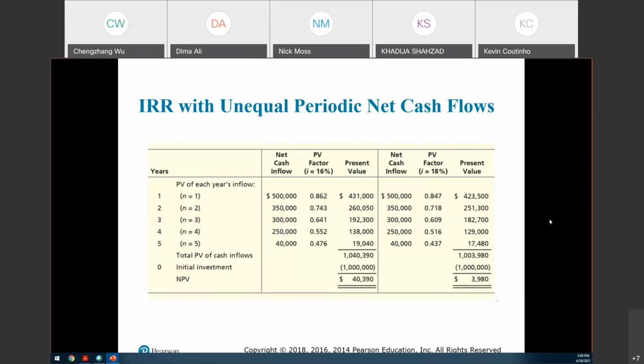Because the NPV is positive, the IRR must be higher than 14%, right? So the company continues this trial and error process using higher discount rates until it finds the rate that brings the net present value of the desktop project to 0.